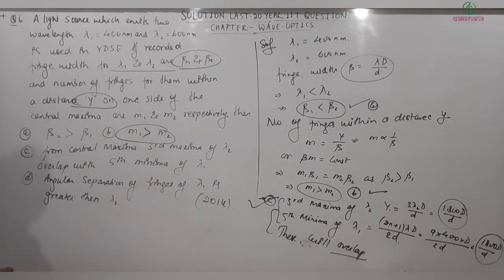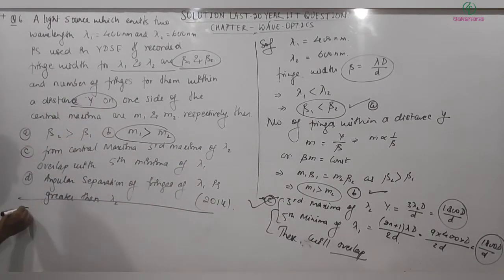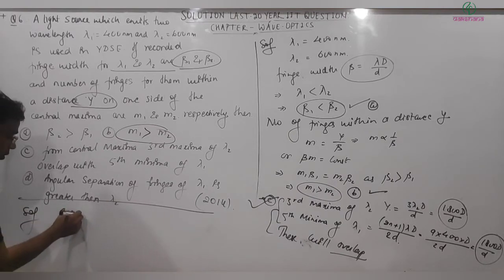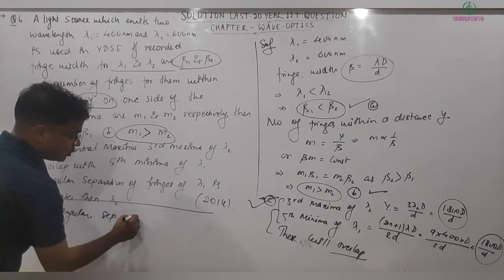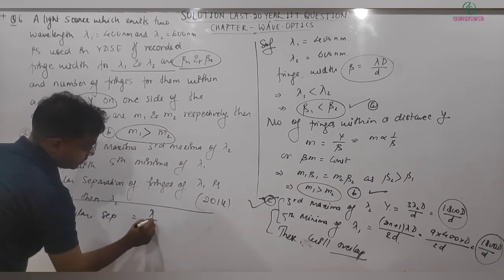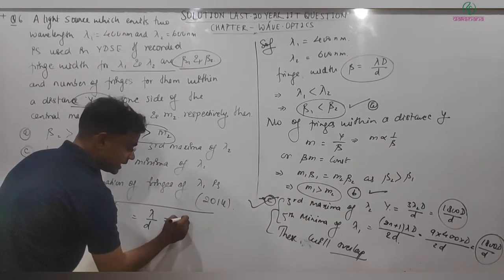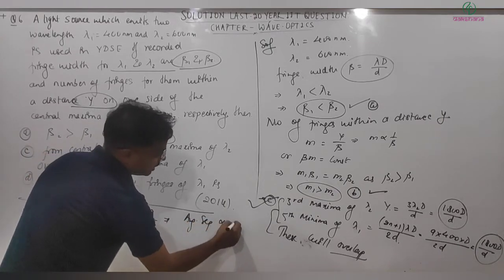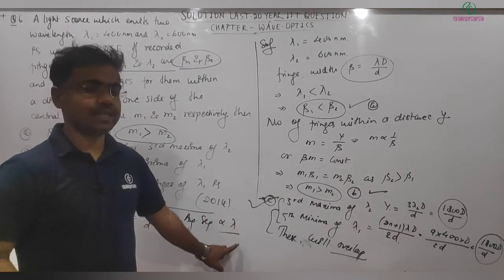Then the angular separation of fringes of lambda 1 is greater than lambda 2. So what is angular separation? Angular separation is equal to lambda by small d. So small d is constant. So angular separation is directly proportional to lambda, and here we know actually lambda 1 is less than lambda 2.